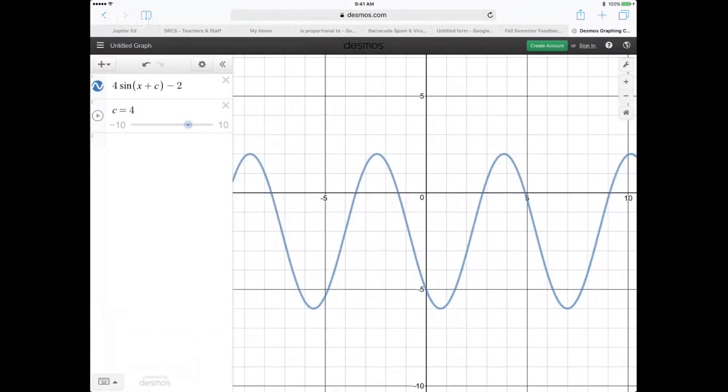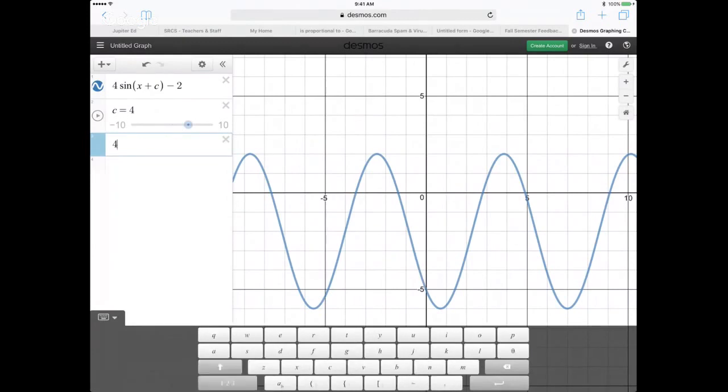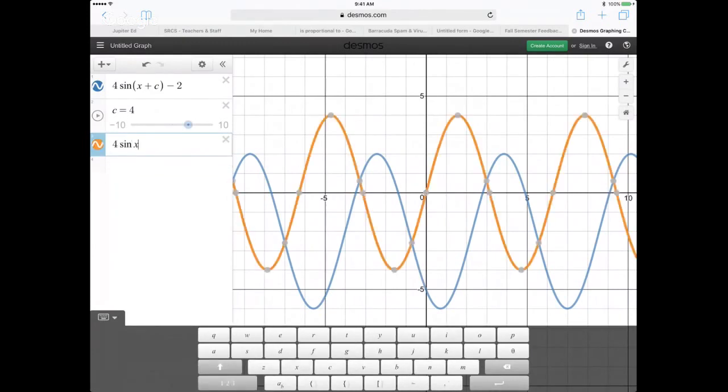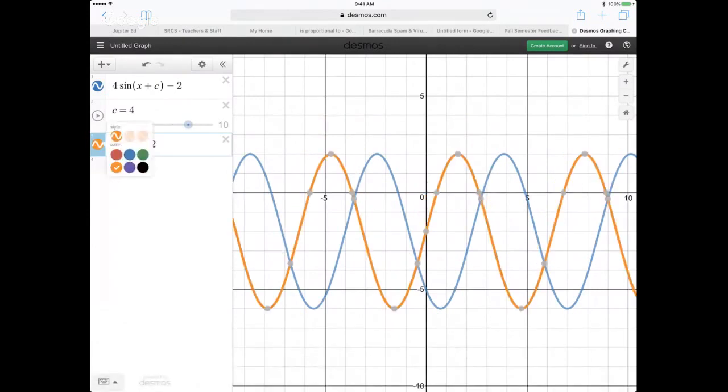So what happened there was that the value that used to be, let me add in here, here's the old graph for sine of x minus 2. There's the old graph before I moved it.